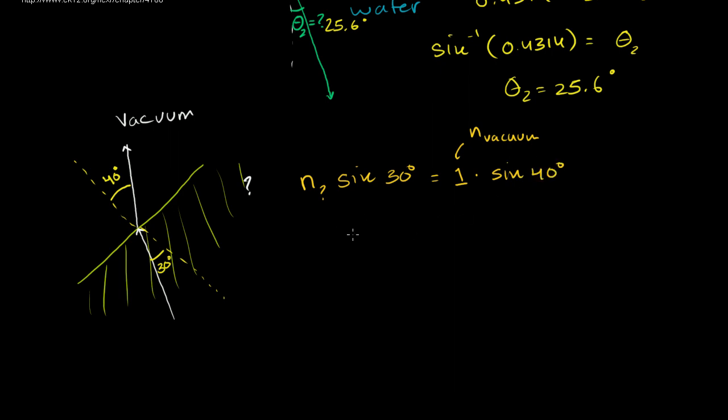Or if we wanted to solve for this unknown refraction index, we just divide both sides of the equation by sine of 30. So our unknown refraction index is going to be the sine of 40 degrees over the sine of 30 degrees.